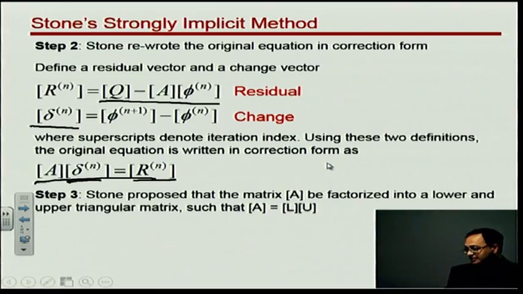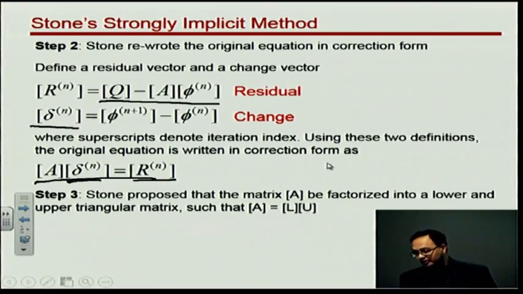So this is where his method really starts. Next he proposed that the matrix A is factorizable into a lower triangular times an upper triangular matrix, L times U. Now, the point is, this is a proposition. Just because you want to factorize something doesn't mean you can factorize something.